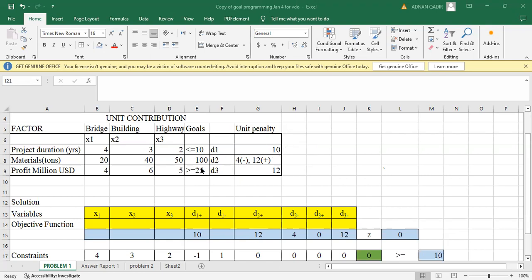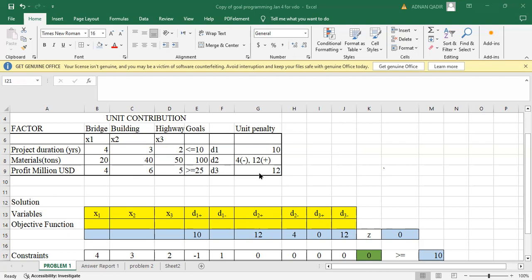And similarly, he may get a penalty if between -4 and 12, meaning he can have a material range between -4 tons to 12 tons positive, and he is expected to earn at least 12 million US dollars of profit.